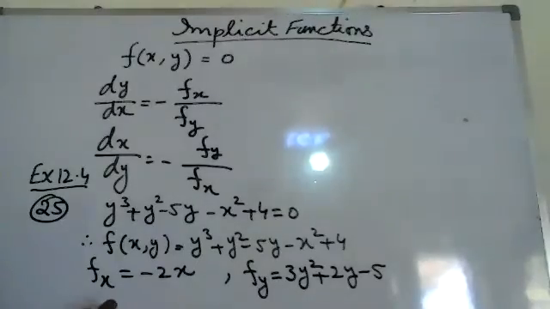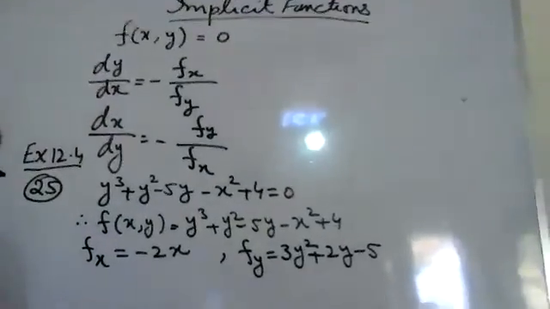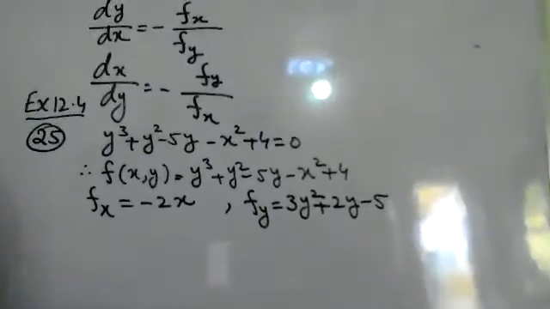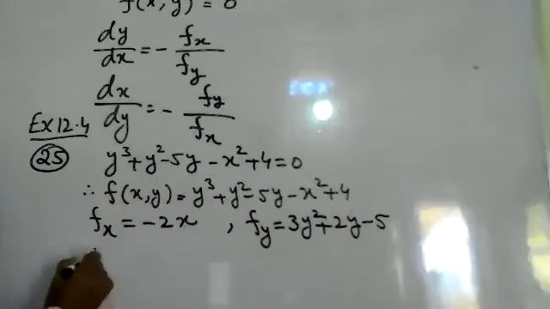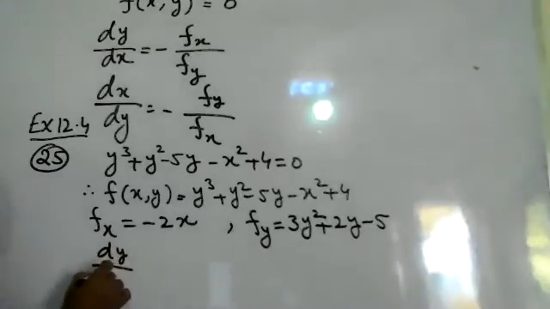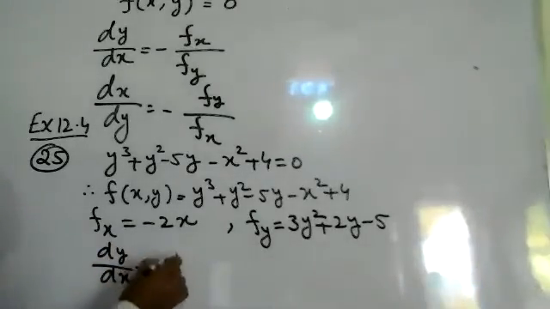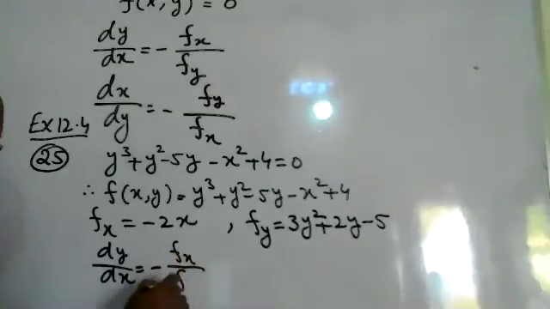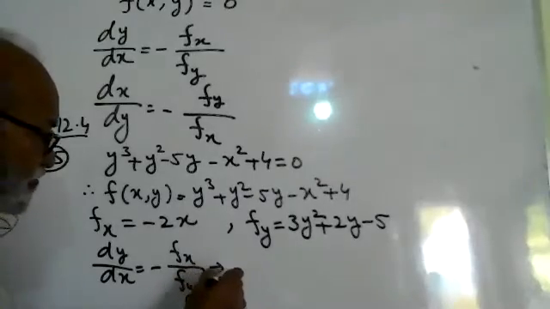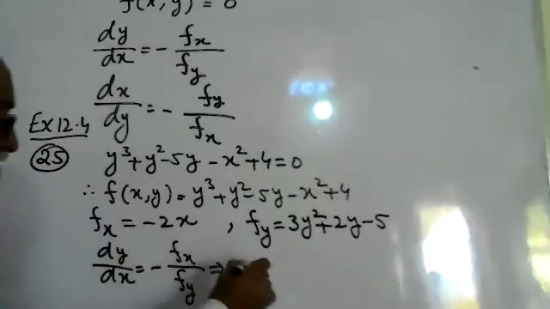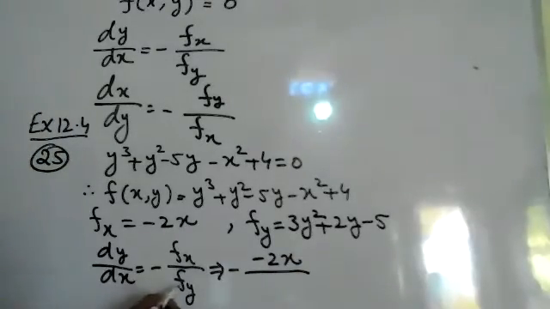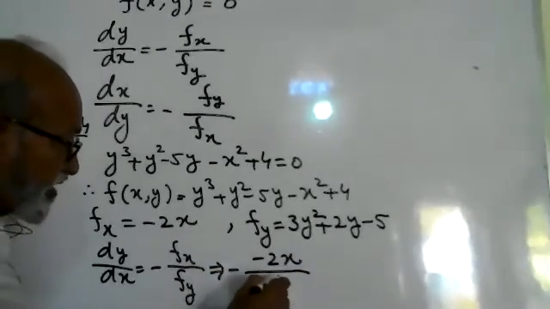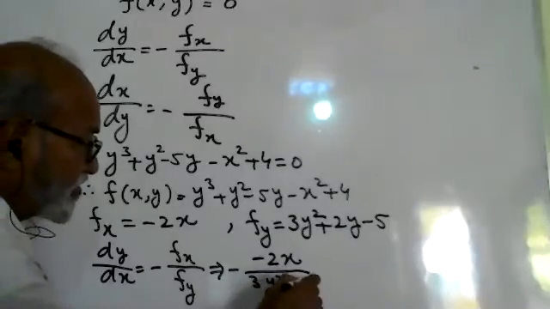Now we will find dy upon dx, which will be equal to minus f of x upon f of y. F of x is minus 2x, upon f of y, which is 3y square plus 2y minus 5.